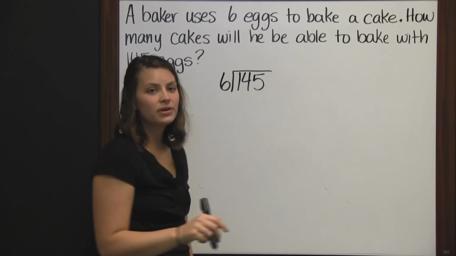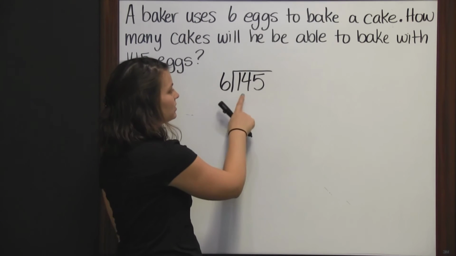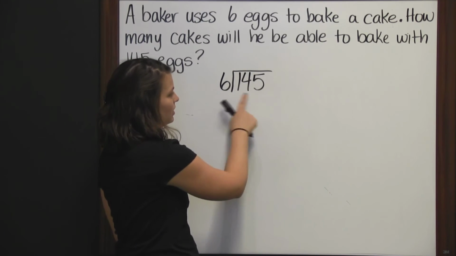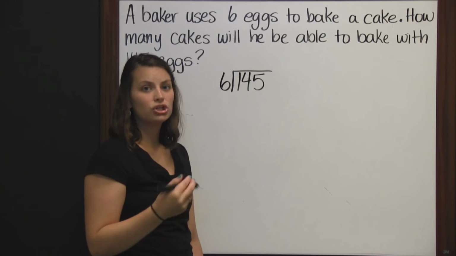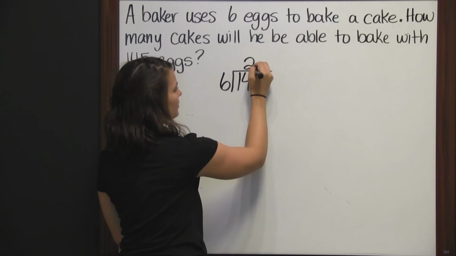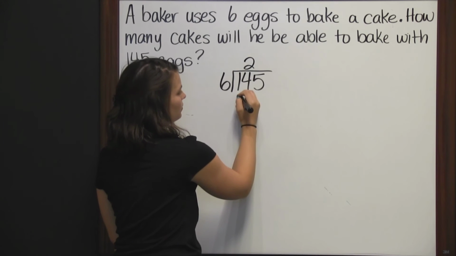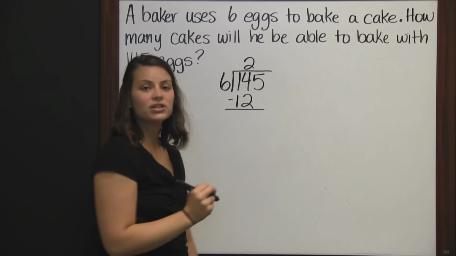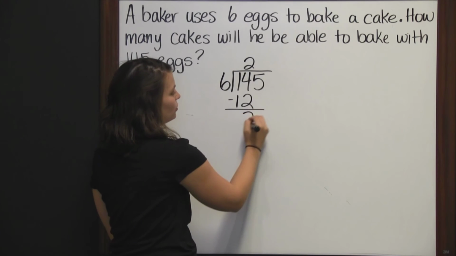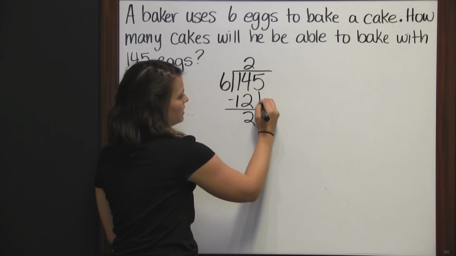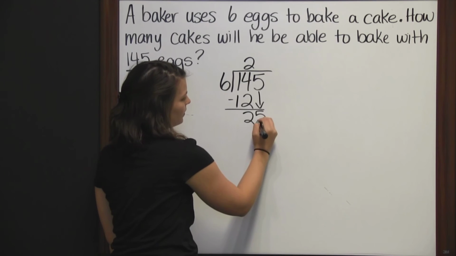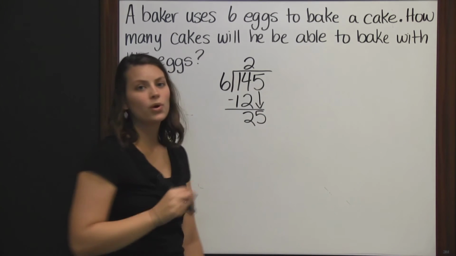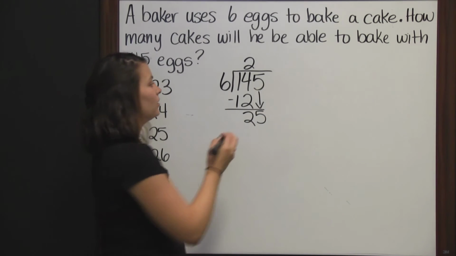6 does not go into 1, but it does go into 14. 6 goes into 14 2 times. 6 times 2 is 12. We subtract. 14 minus 12 is 2. Then bring down the 5. And 6 goes into 25 4 times.